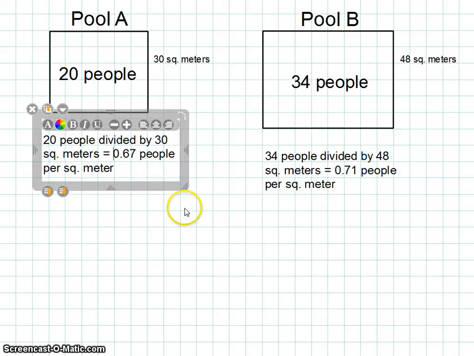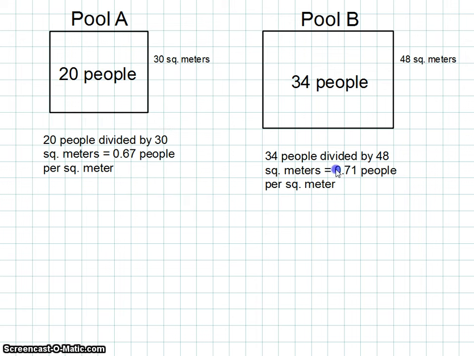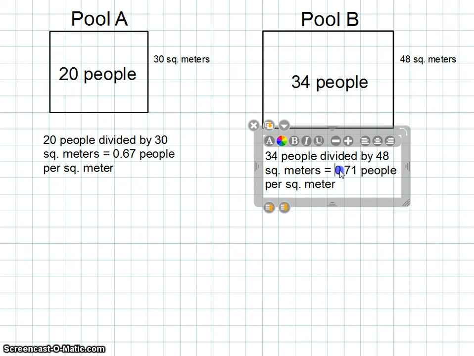In this case, the pool with the higher population density is pool B. What that means is there's more people per 1 square meter. So that's why we can come to the conclusion that pool B is more crowded than pool A.